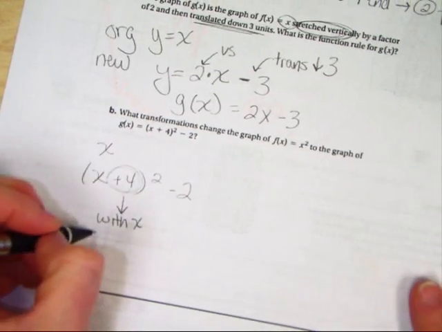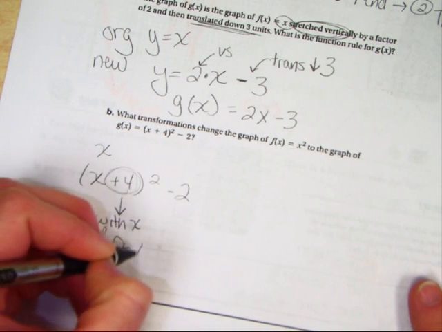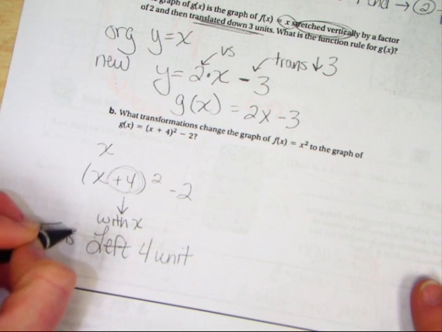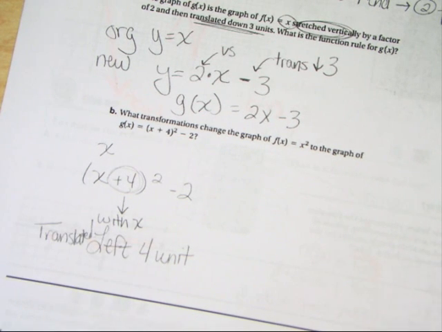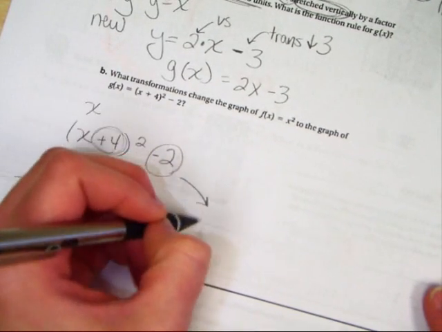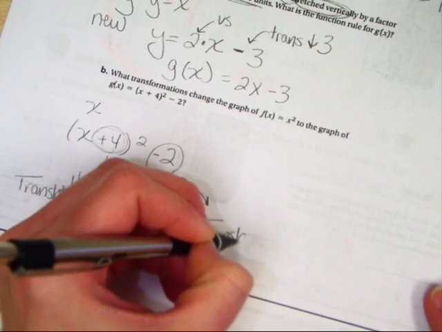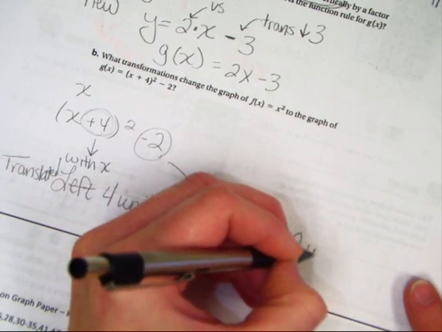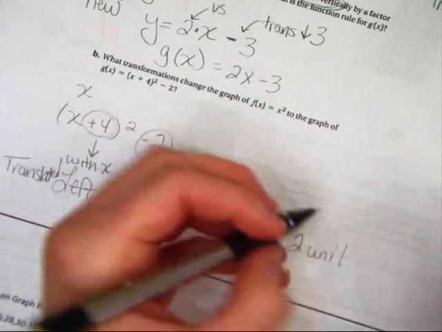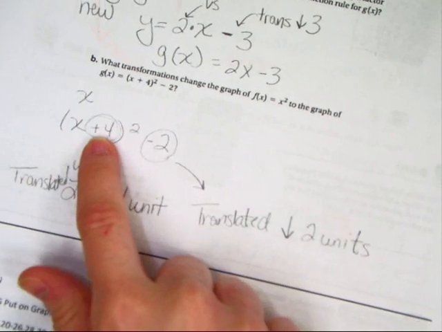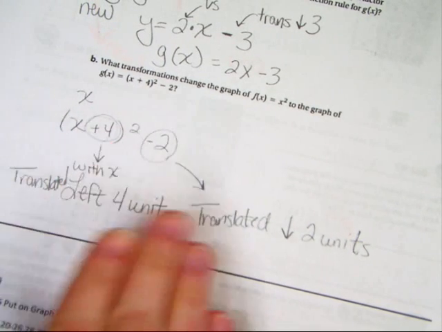A plus 4 means it has been moved to the left 4 units, and that is translated. This minus 2 in the back means it's been translated down 2 units. If it's in the back without being with x, it's been moved up or down. If it's with the x inside parentheses, it's left and right.